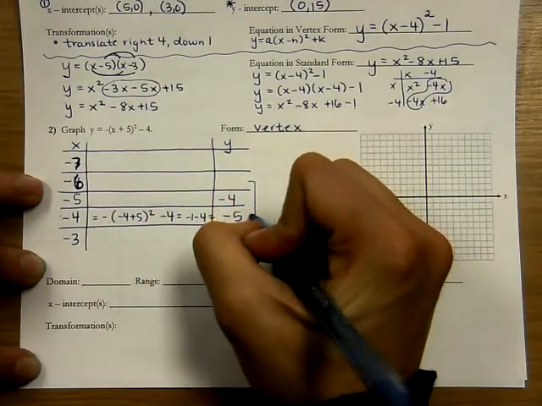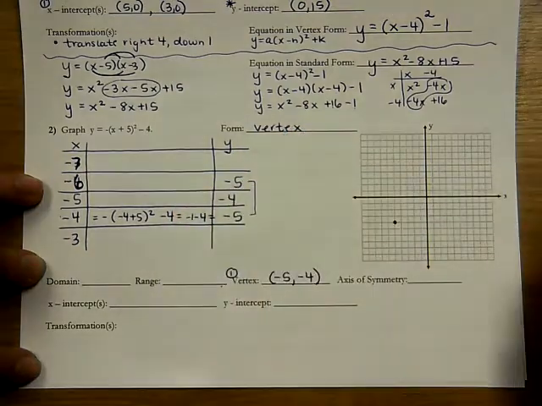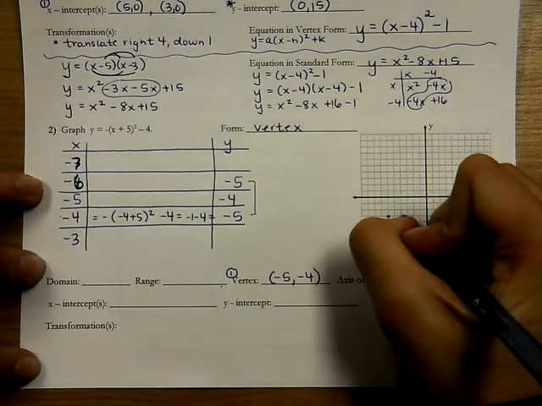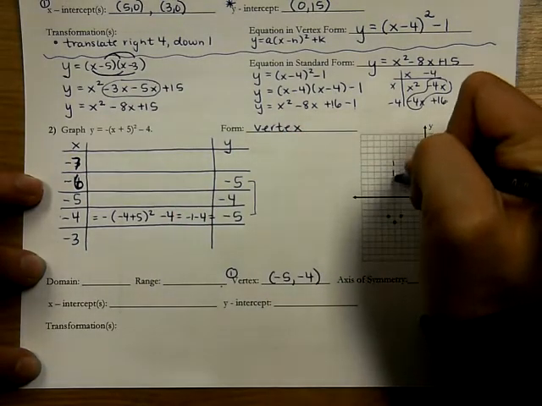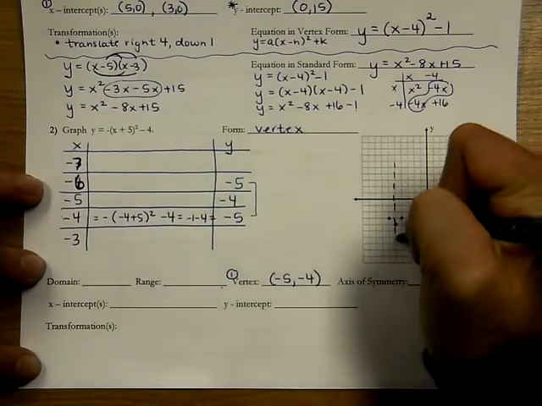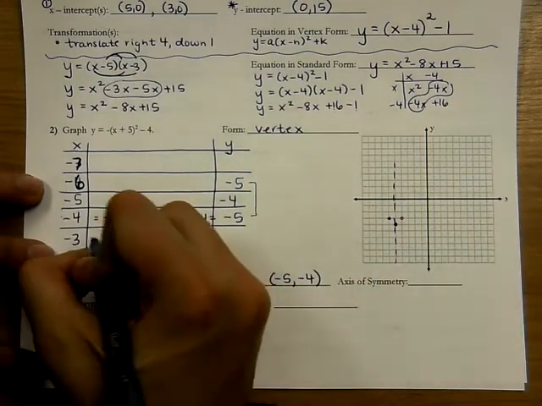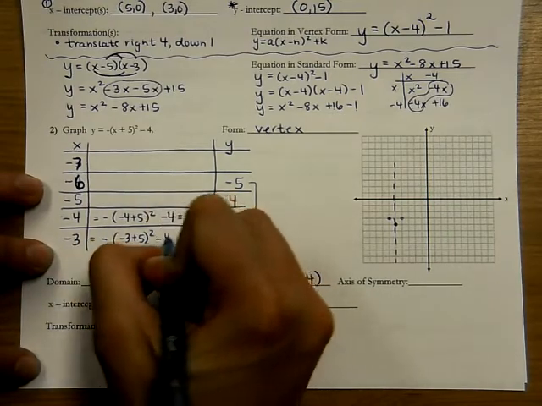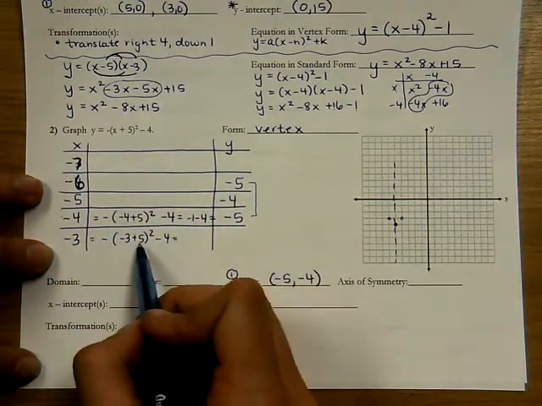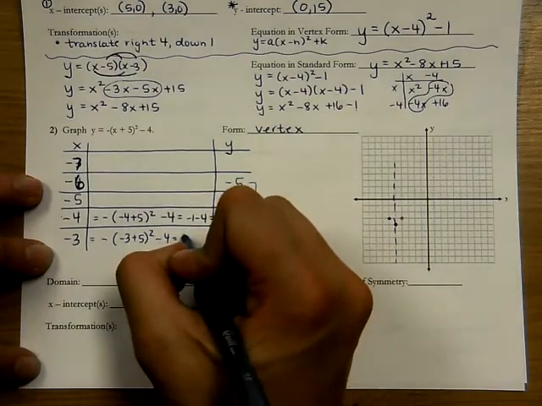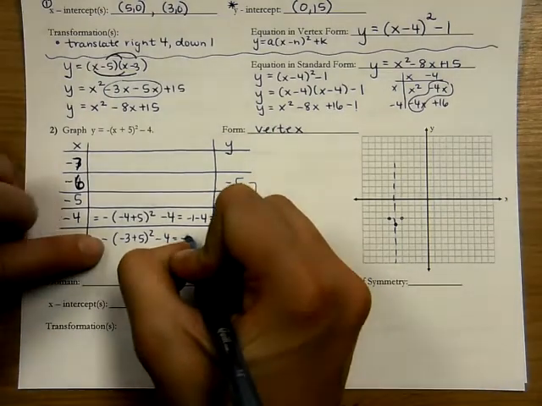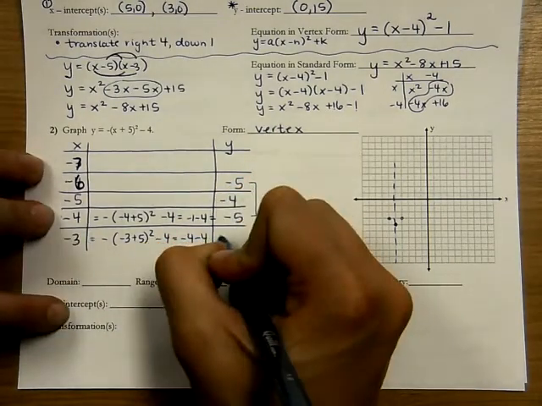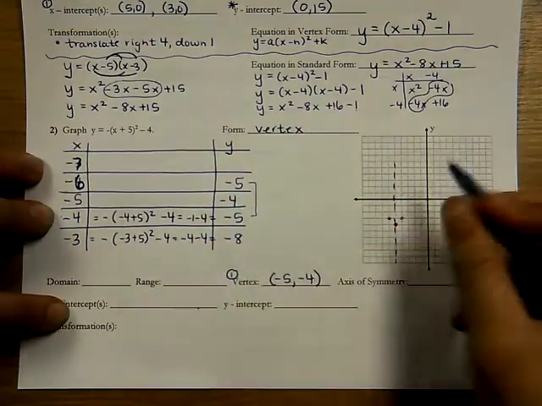And because our table is symmetrical, there should be a negative 5 up there. So I'll plot there. Because remember, our axis of symmetry goes right down the middle. We should be symmetrical about that. So now I'll substitute in negative 3. Well, negative 3 plus 5 is 2. 2 squared is 4. So we have a negative 4 minus 4. That gives us negative 8.